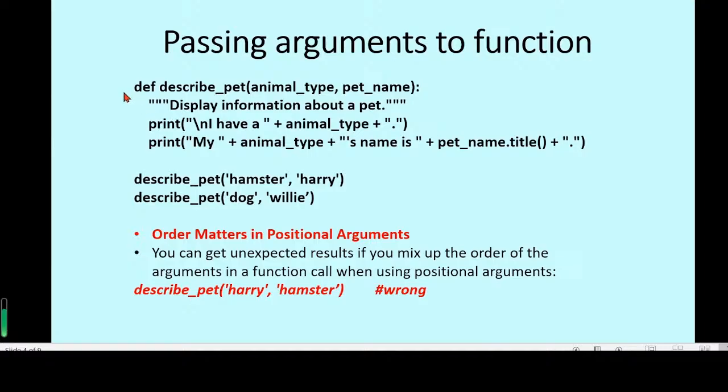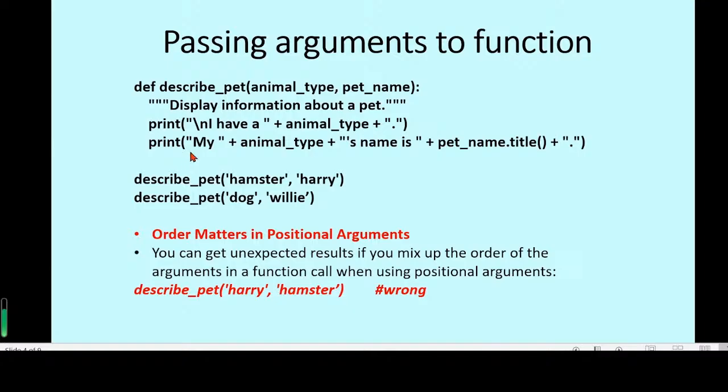We define a function called describe_pet with two parameters needed to run this function. First is animal_type, second is pet_name. Then in the function definition, we print a new line, then a message "I have a" and the animal type.